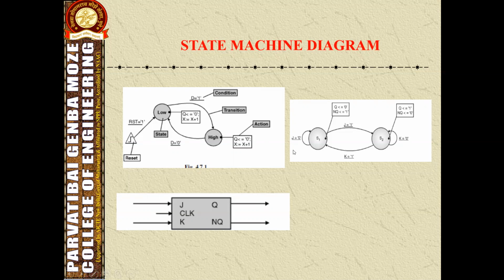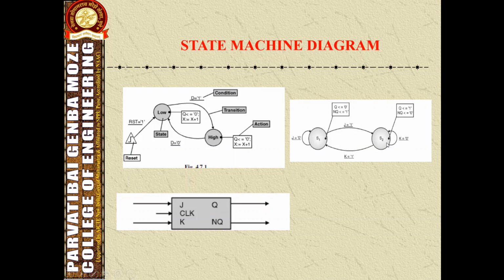So when J equals 0, the state remains the same. Consider Q equal to 0. When J is equal to 0, the state will be unchanged. When J equals 1, the state changes from 0 to 1, to the next state.